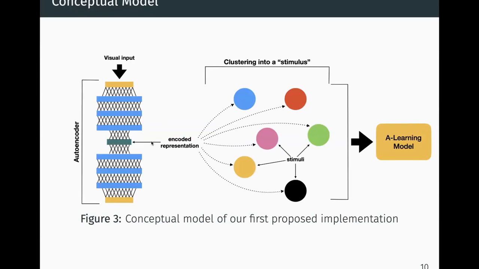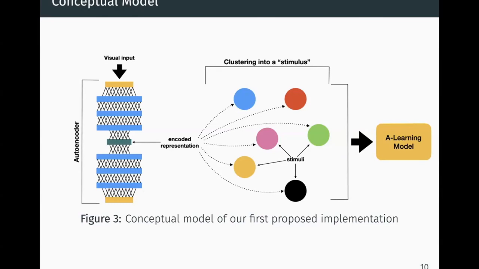So we begin with an autoencoder, which I will explain in a bit more detail later on. But it will suffice to say that the autoencoder is basically reconstructing the agent's visual input by first encoding it into a lower dimensional representation. Then you take that encoded representation and try to cluster similar representations into so-called stimulus categories.